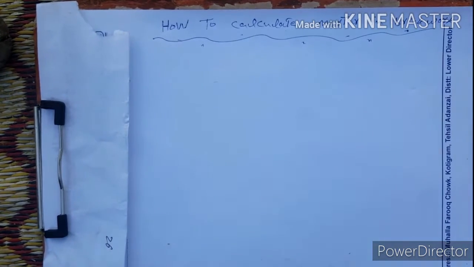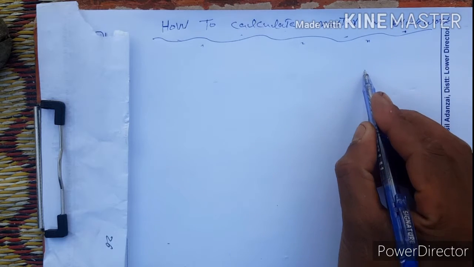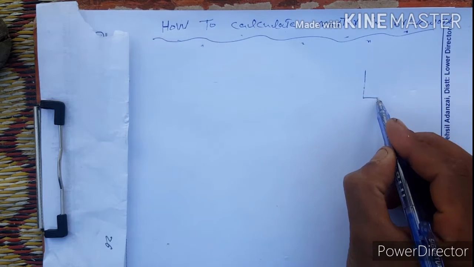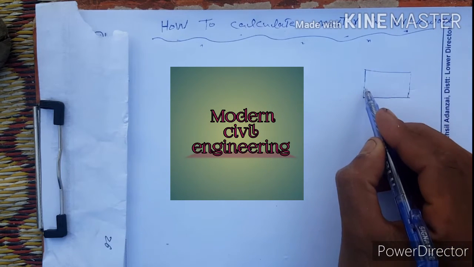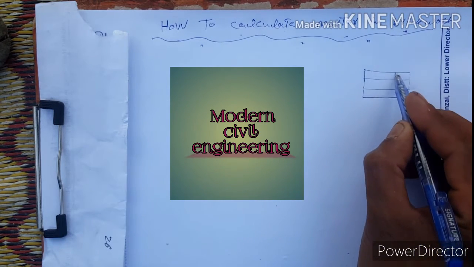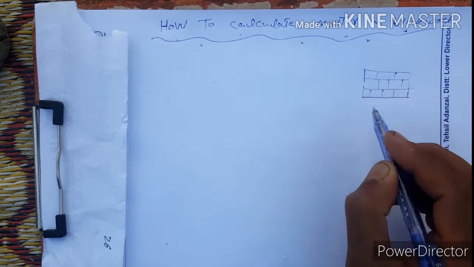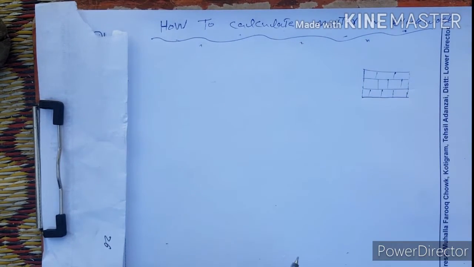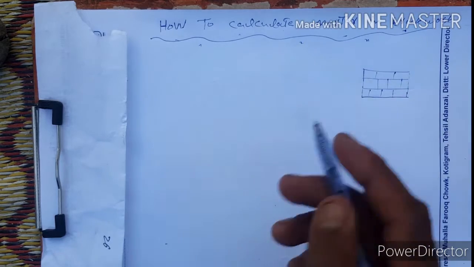Now I find how to calculate mortar and brickwork. For example, this wall, this safety wall. How much mortar is used in this wall?